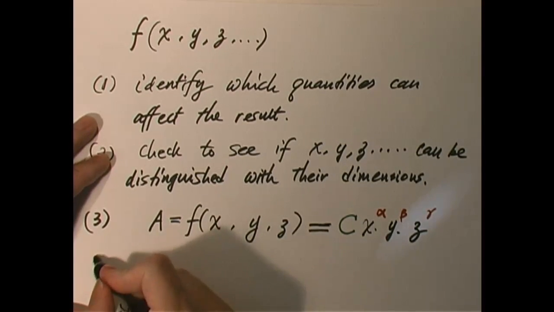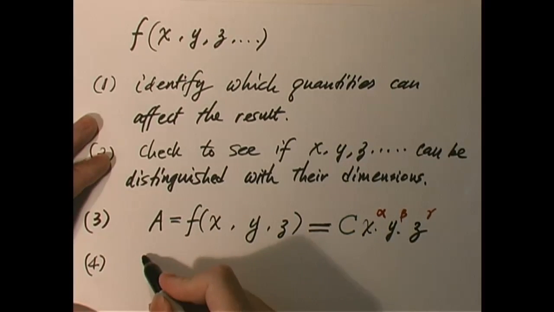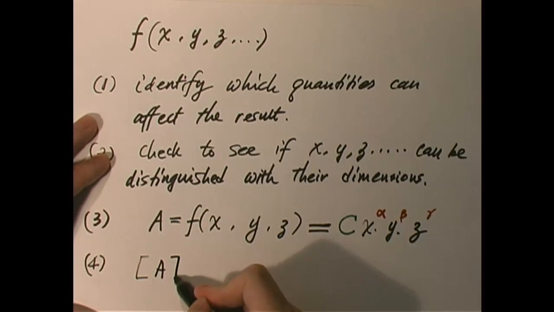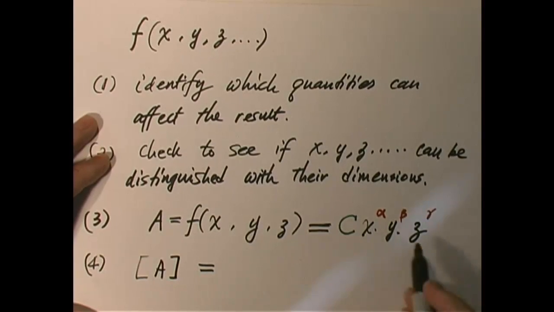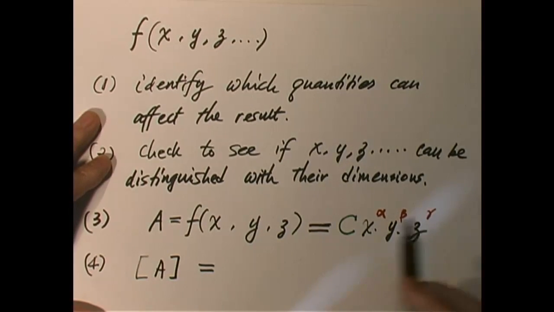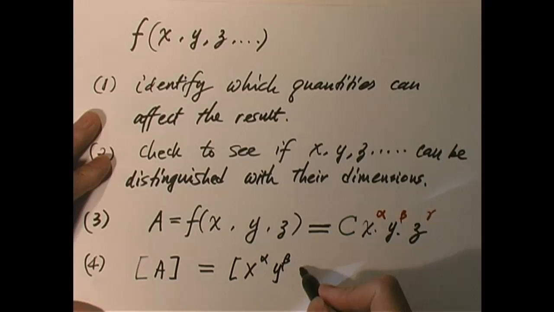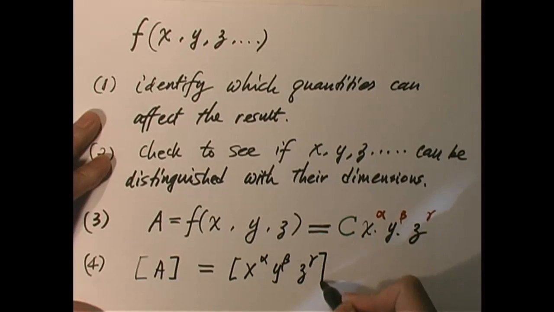Well, remember, I must equate the two sides in terms of dimension, make sure they have the same dimension. So that means the dimension of A must equal the dimension of this whole thing, right? Remember, c has no dimension, so it drops out. Then that's x to the power alpha, y to the power beta, z to the power gamma, the dimension of this whole thing.